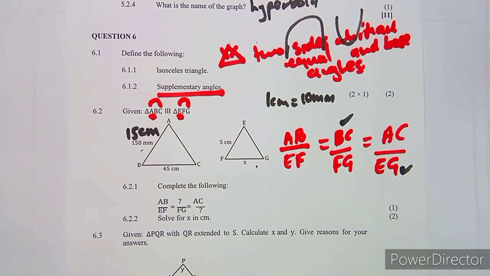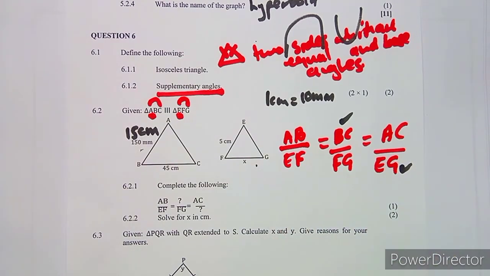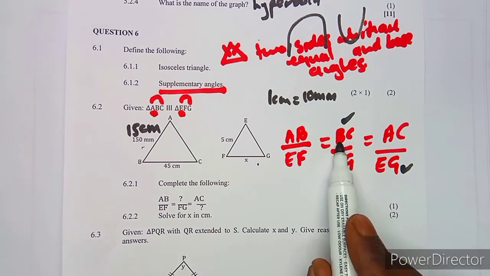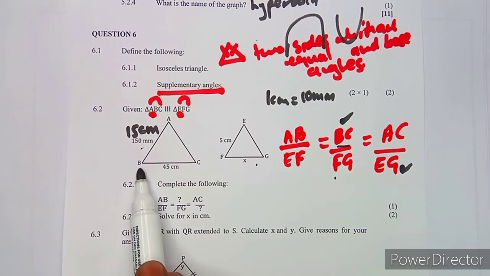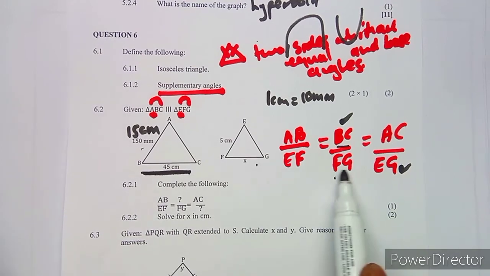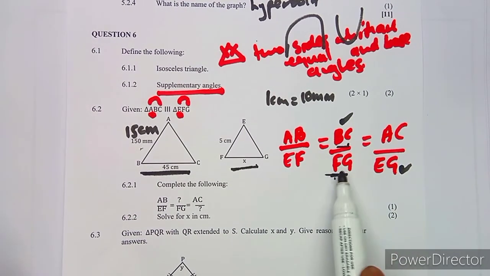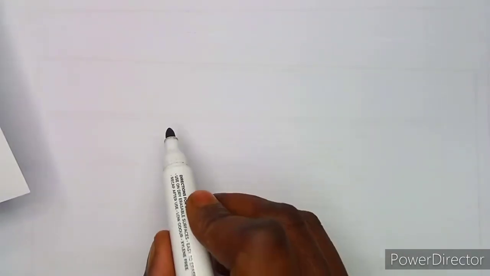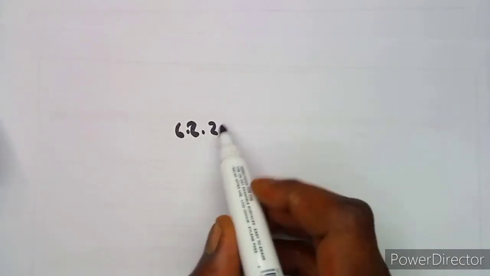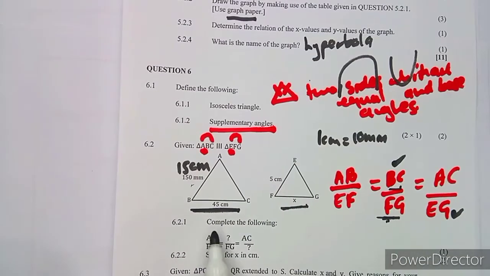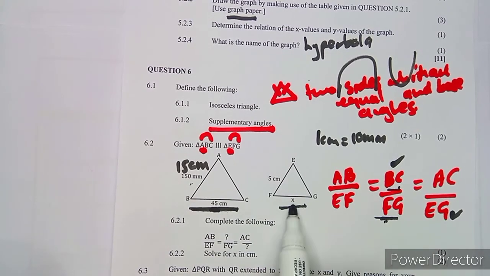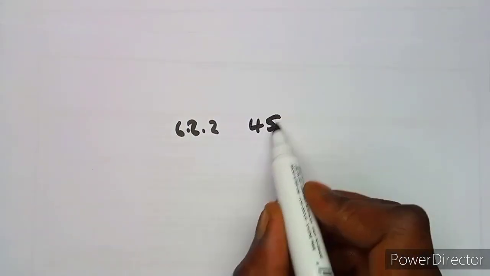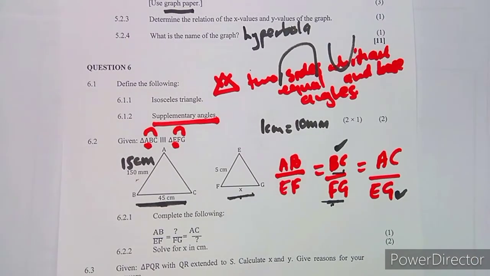So to find X, actually, you have to just substitute here onto this formula. Where is our X? Our X is on FG, which is this one. So it's going to be BC over FG, the one with X. So this is going to be like this, 45 over X. We said BC, this one, over FG, so it's 45 over X is equal to, then you look for another side which is complete, guys.